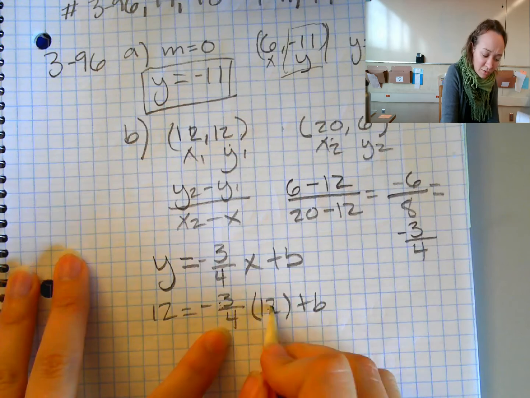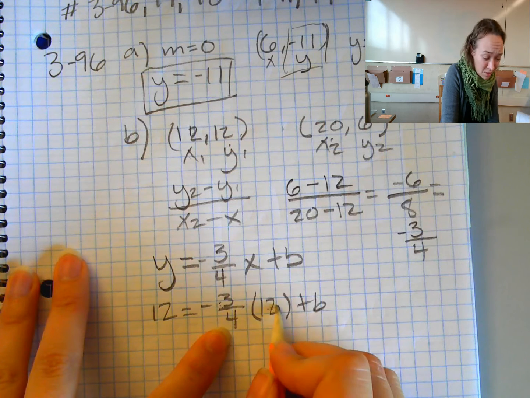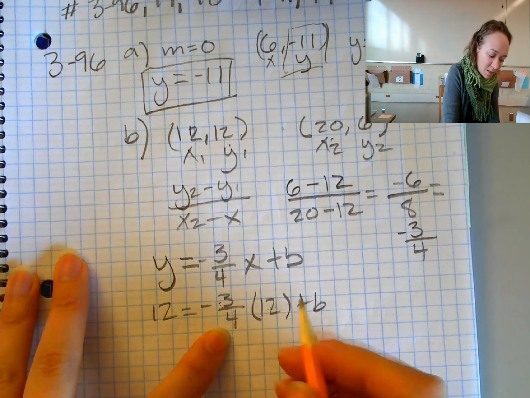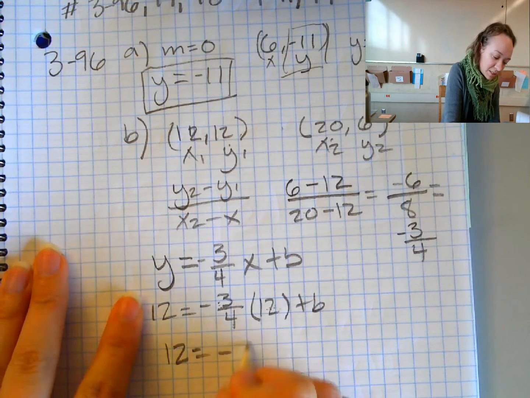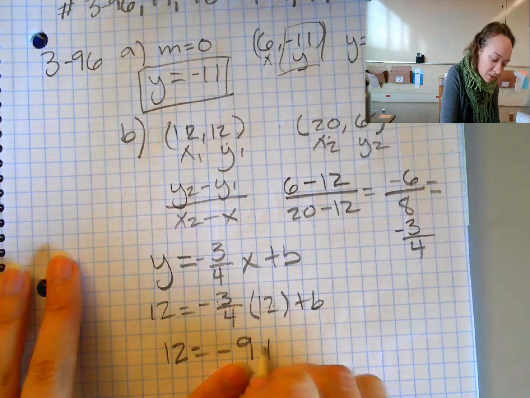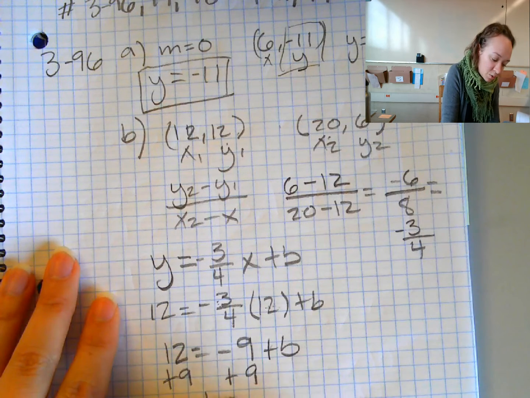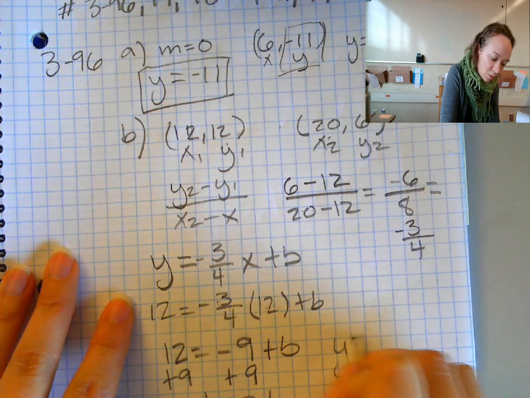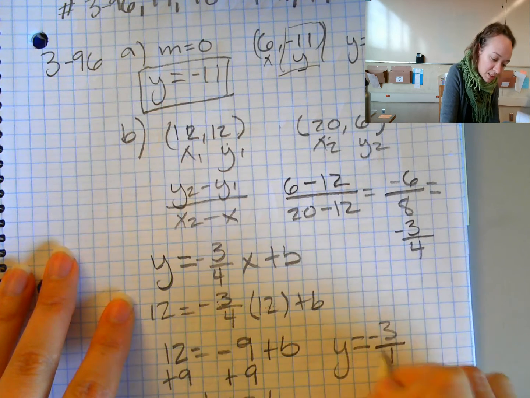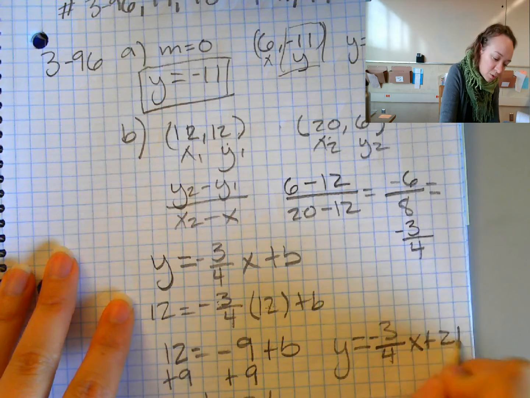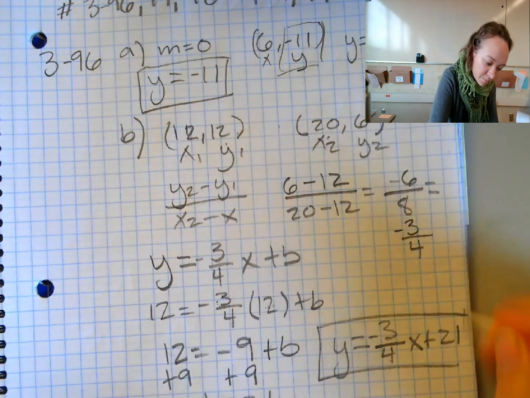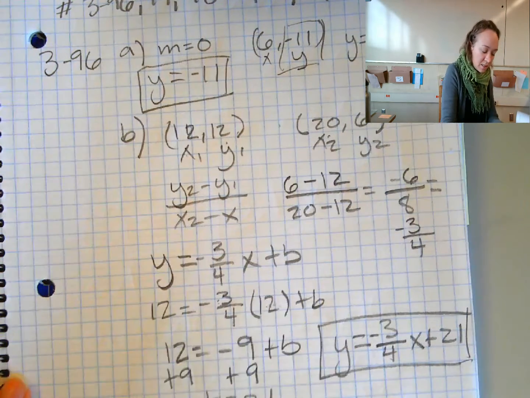I know that 12 divided by 4 is 3, so really I just need to do -3 times 3. I don't know if that makes sense or not, but that's going to give me -9 plus b. So then I add 9 to both sides, and I get b equals 21. So my rule is y equals -3/4 x plus 21. All right, next.